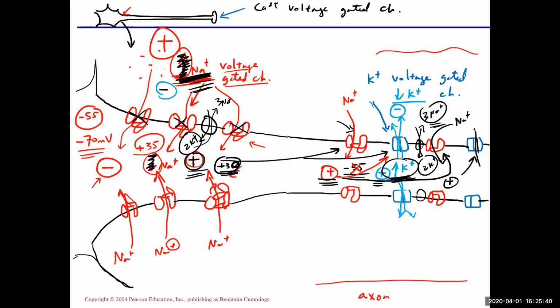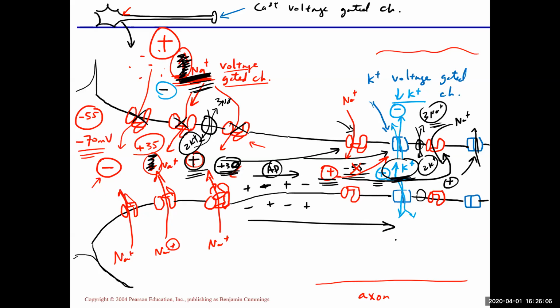So now potassium is leaving, so therefore voltage keeps changing. Positive, negative, negative, positive, positive, negative, and so on. So these are the voltage changes. This is action potential. This is the current that is passing through. This is what we detect on our voltage meter.